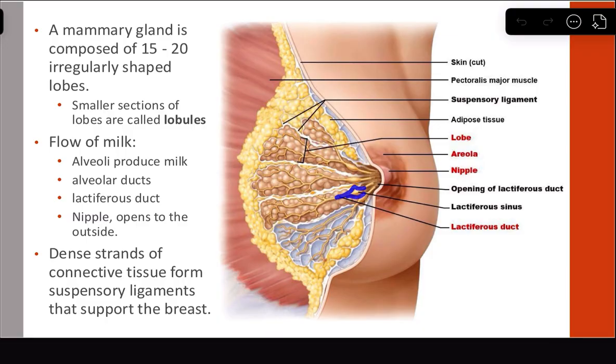The lactiferous sinus is usually closer, more proximal to the actual nipple. So these storage chambers, these lactiferous sinuses, are located a little bit more proximally to the nipple. Now, these sinuses are of course going to open to the outside environment at the nipple.